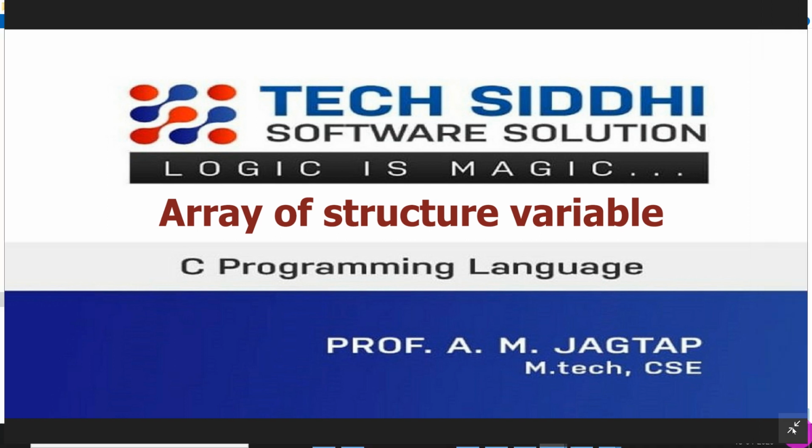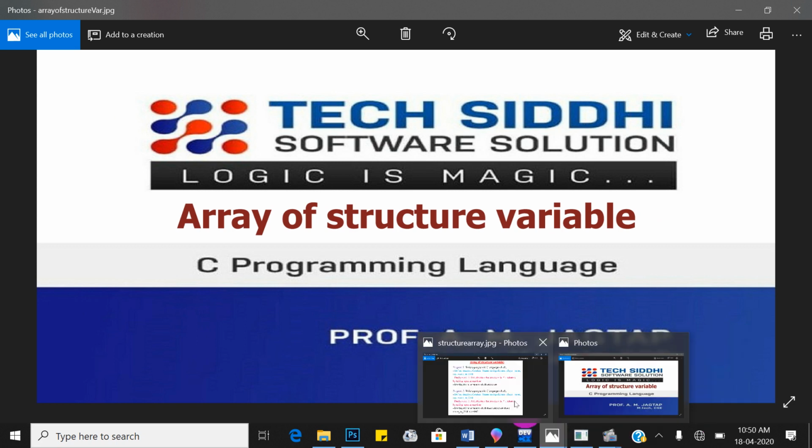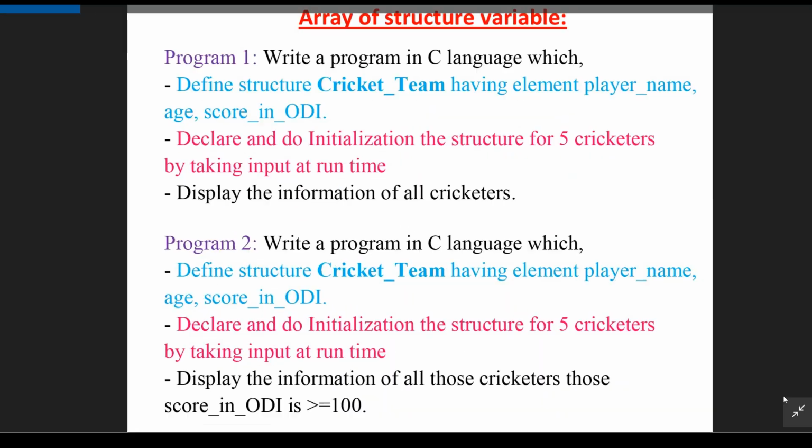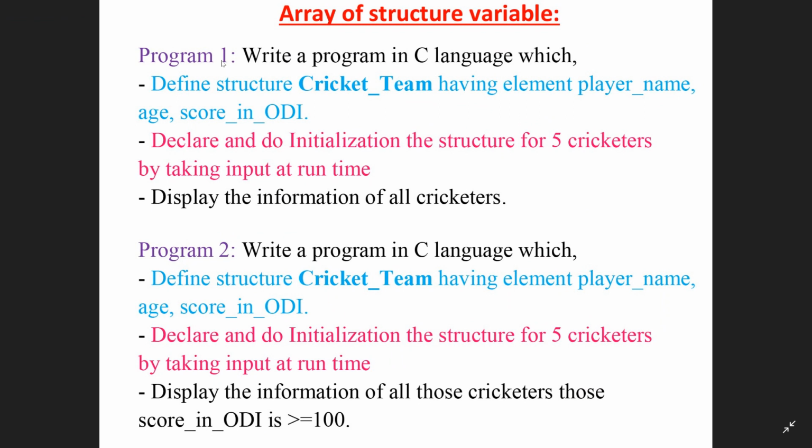So students, let's take one example. Write a program in C language which first defines the structure cricket team, having data members: the name of the player, age, and score in ODI. These are the 3 data members of the structure cricket team.